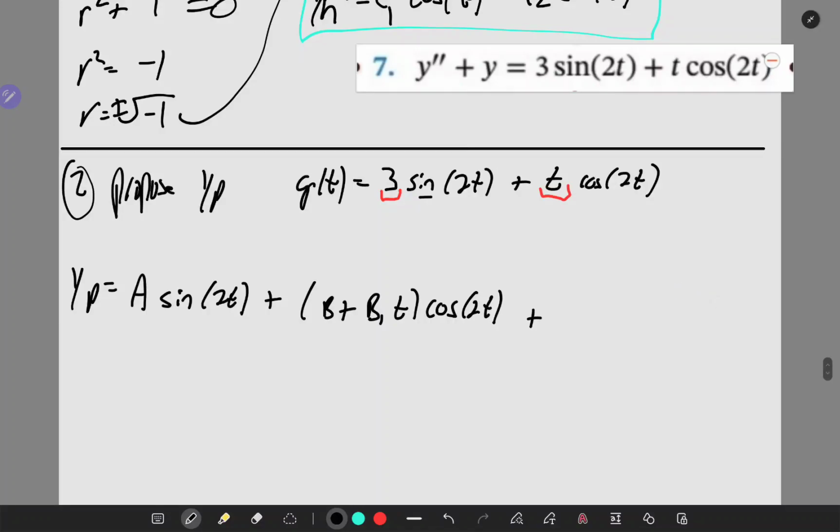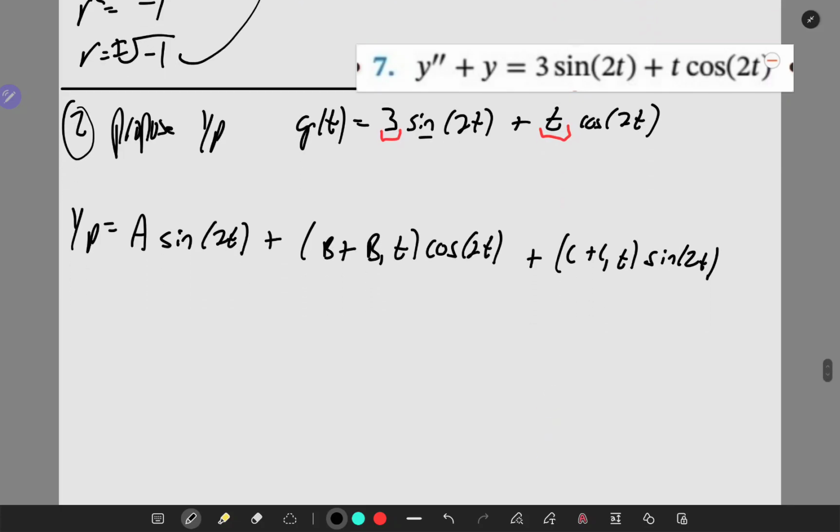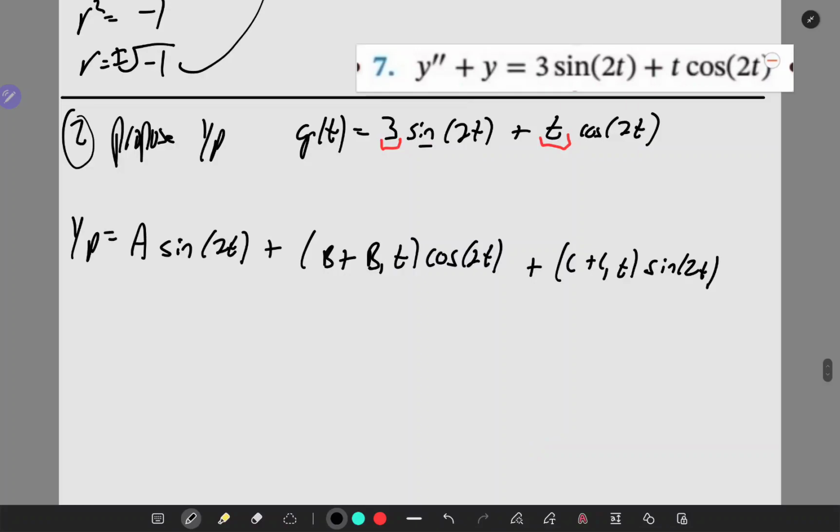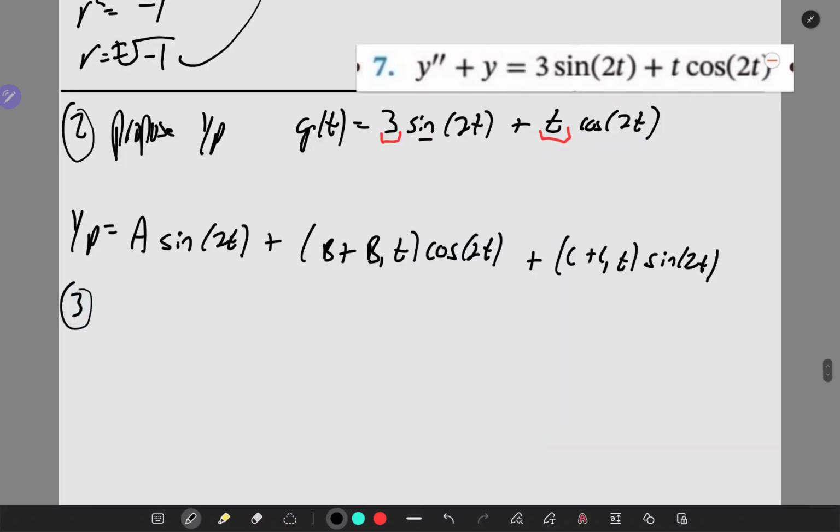So we have plus, because this definitely should be the correct way to do it, c plus c of 1 of t times sine 2t. For some reason, I don't have this first term in my original solution. But anyways, let's see. So now step 3: solve for.